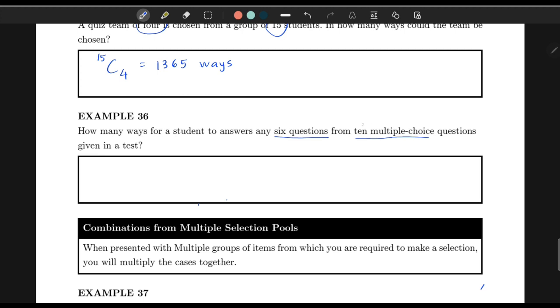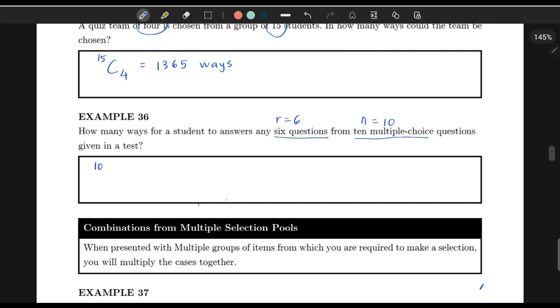So, n is equal to 10 and the student wants to answer 6 questions. So, the solution is 10 multiple choice questions, choose 6 answers. So, we have 210 ways.